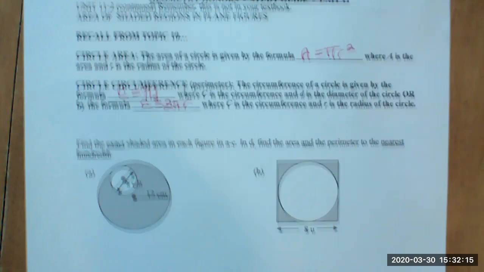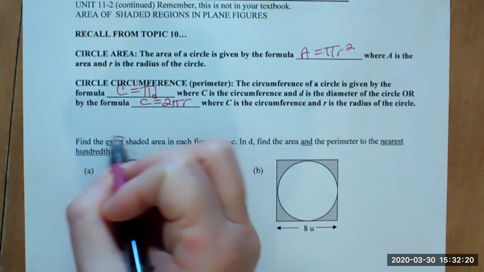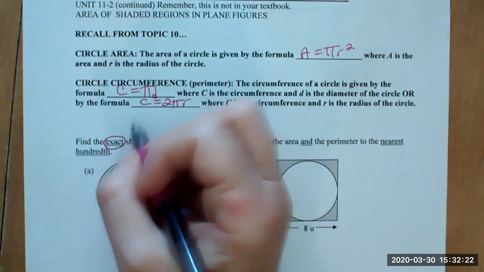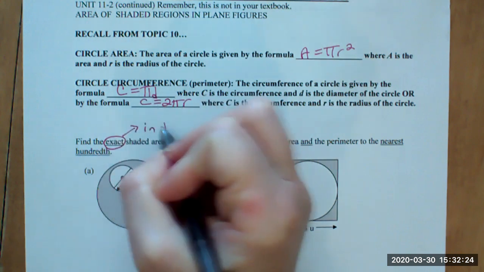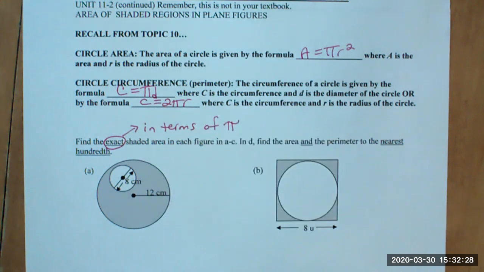For A through C, we want the exact shaded area, which means we want our answers in terms of pi. So we're not going to use the pi button on the calculator to get a decimal. We are going to leave the answer in terms of pi.